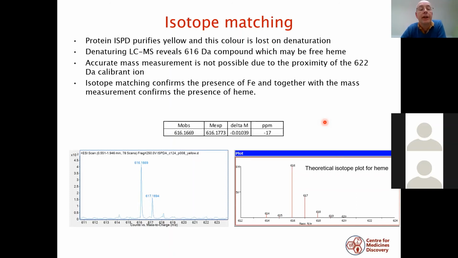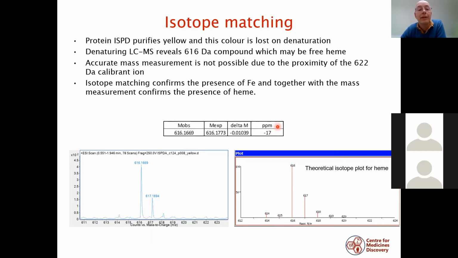We did denaturing LCMS, and we had a compound here at 616, and we knew that that was the mass of free heme, but we couldn't measure that mass to within the desired accuracy. We could only get the mass accurate to about 17 parts per million, and the reason for that is one of our calibrants unfortunately lands pretty much on top of this mass. It's 622, so we couldn't get that mass particularly accurate.